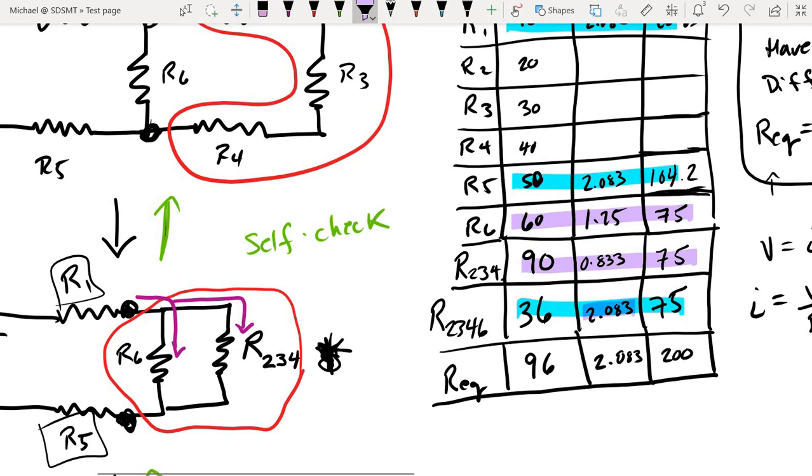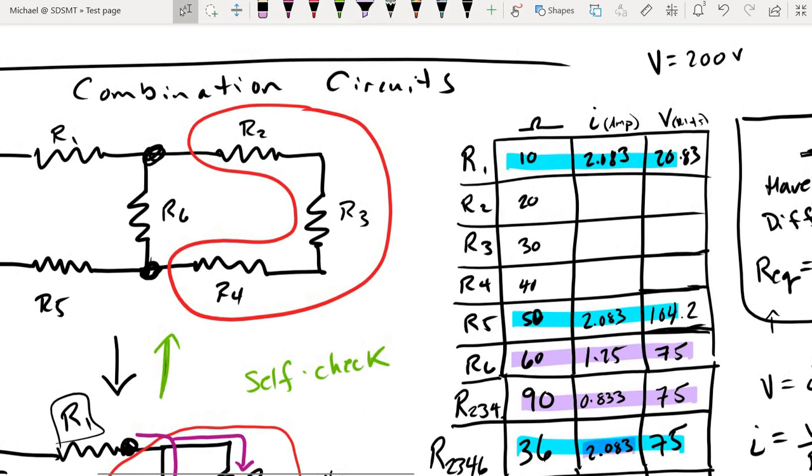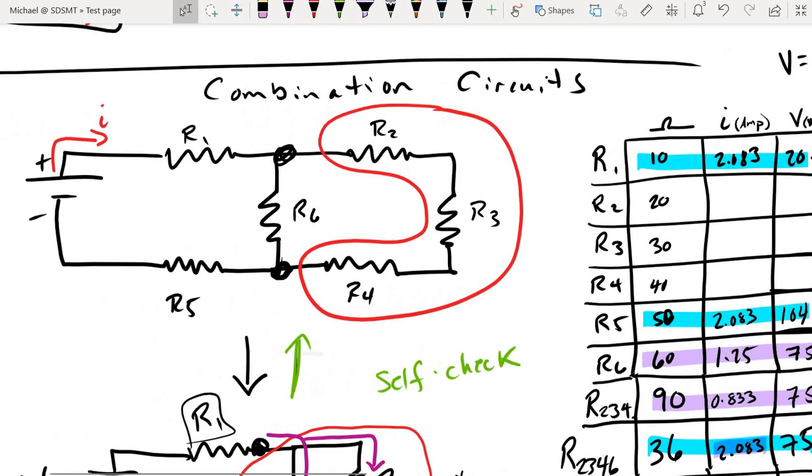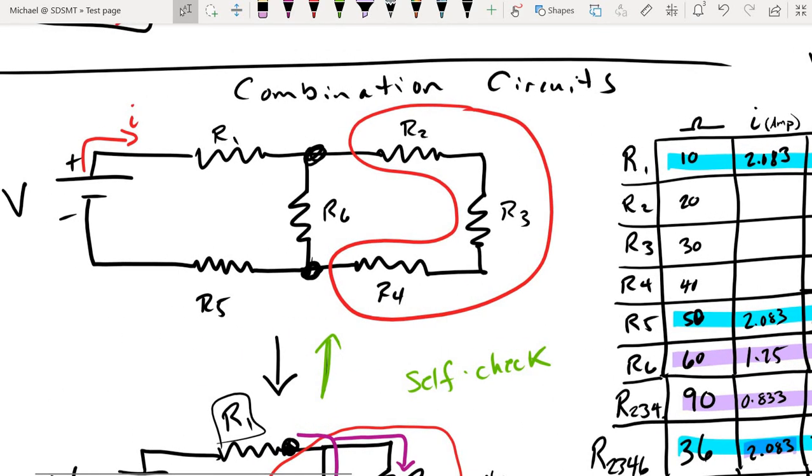So 1.25 plus 0.833, give or take a little bit of rounding error, that looks correct. So there's our self-check. We're satisfied that we're still on the right track. So we progress up again, and this brings us back to the original diagram of the circuit.